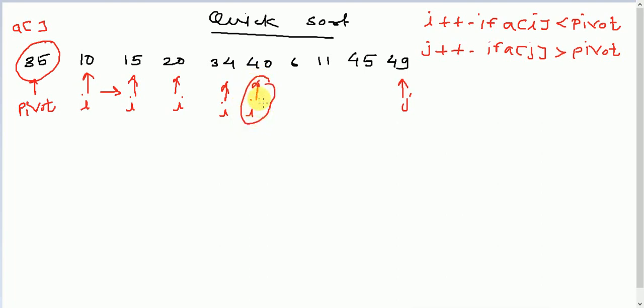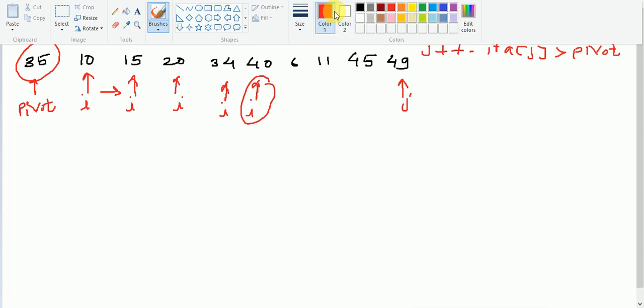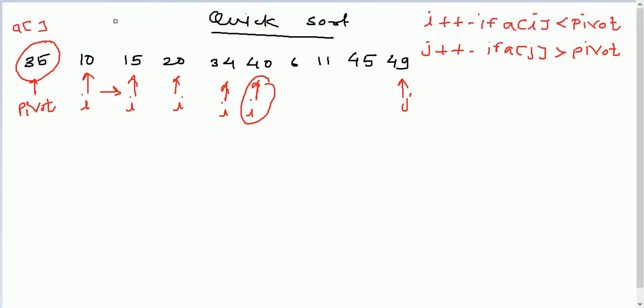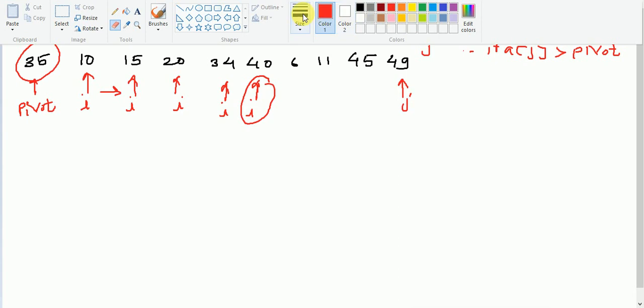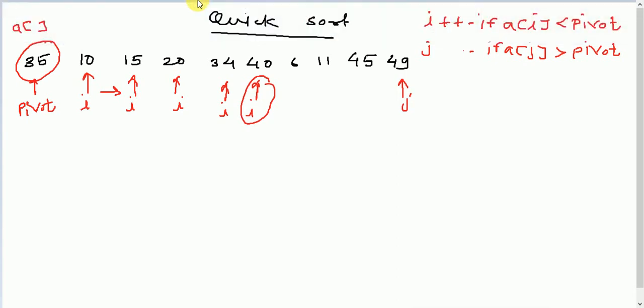Next, now we will go to j. The last element is 49. I will do j minus minus. Sorry, it is not j plus plus, it is j minus minus, because we have to decrement. We are in the same array and j is pointing to the last element, so here it is j minus minus. Just correct this thing, j minus minus.